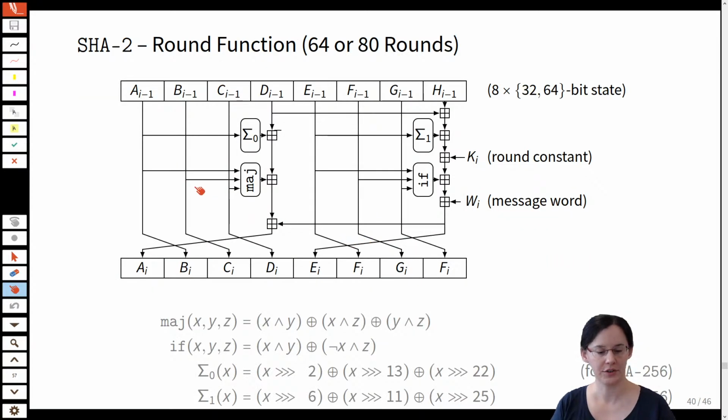And for the round function, this is something like a variant of the Feistel construction. So you see you have multiple branches here, which are shifted to different positions, and they all go into some update functions which are added to another of these branches. So it's like a generalized Feistel construction. And this actually happens in both halves.